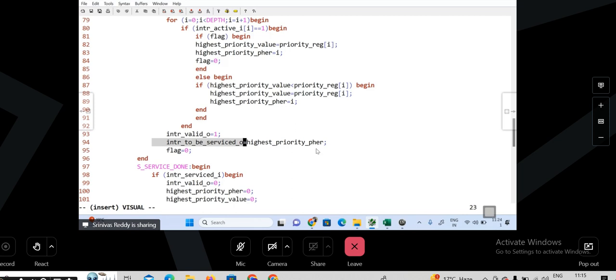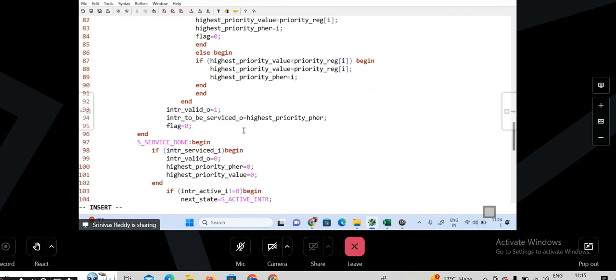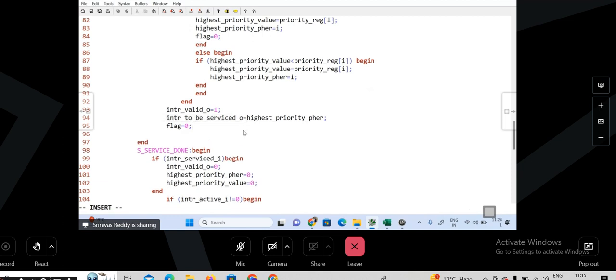Data, again data, data P enable. P enable.